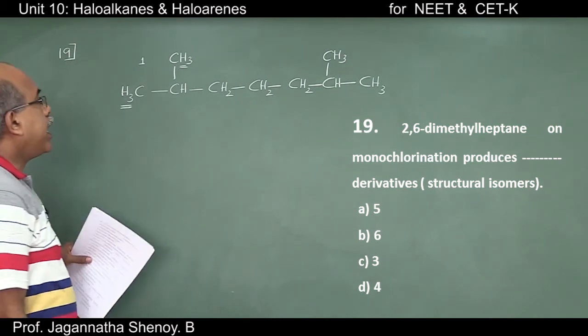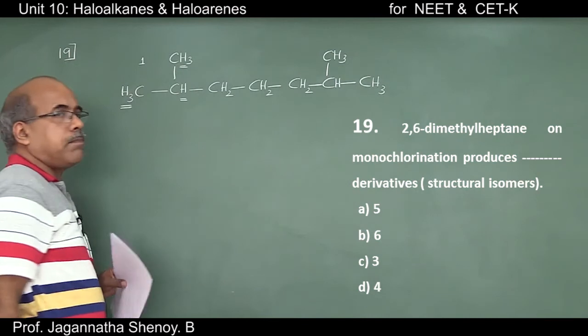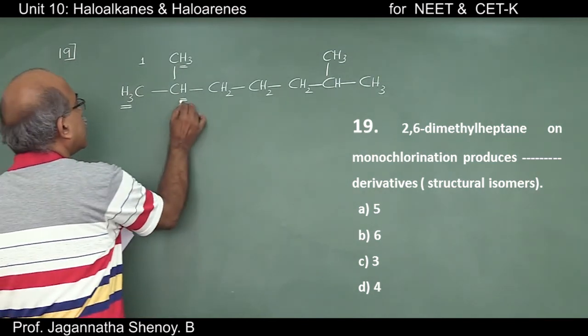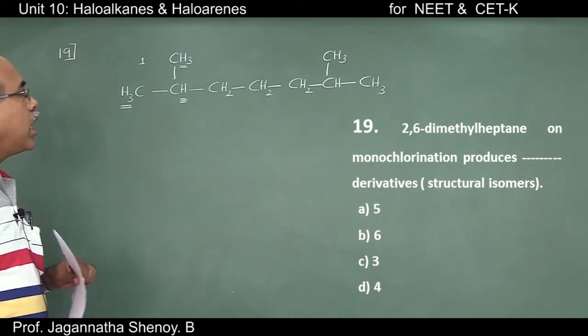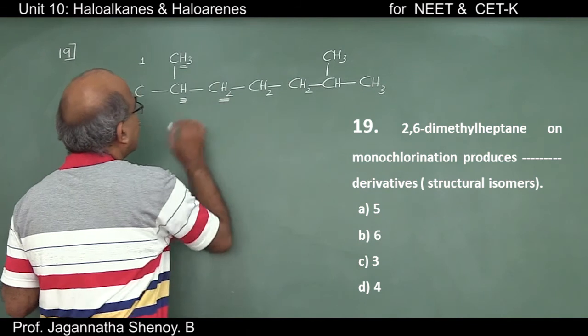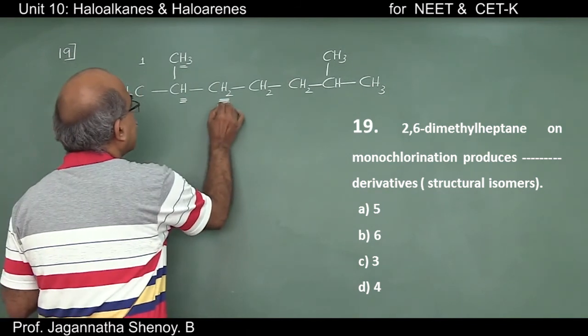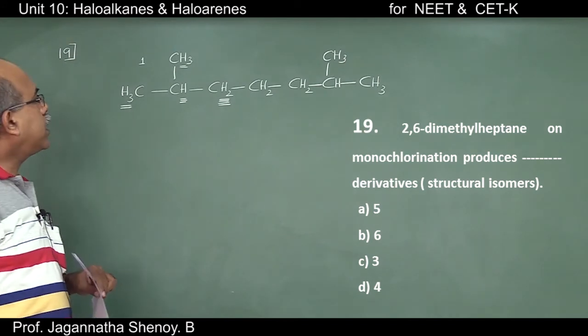Next, I can replace this hydrogen. So this should be the second one. Or I can replace one hydrogen atom from here. So this can be the third one, right?